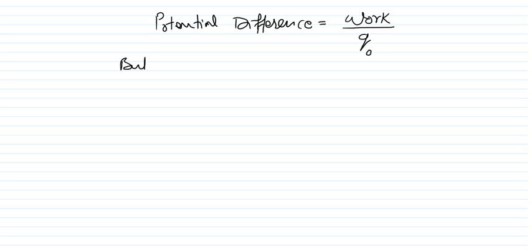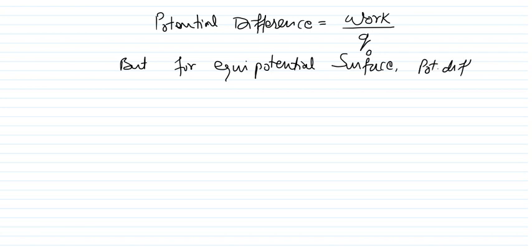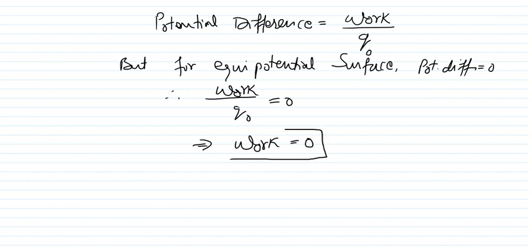But for an equipotential surface, the potential difference is equal to 0. Therefore work done per unit charge will be equal to 0. It means work is equal to 0. So therefore on an equipotential surface, the work done in moving the charge is always 0.